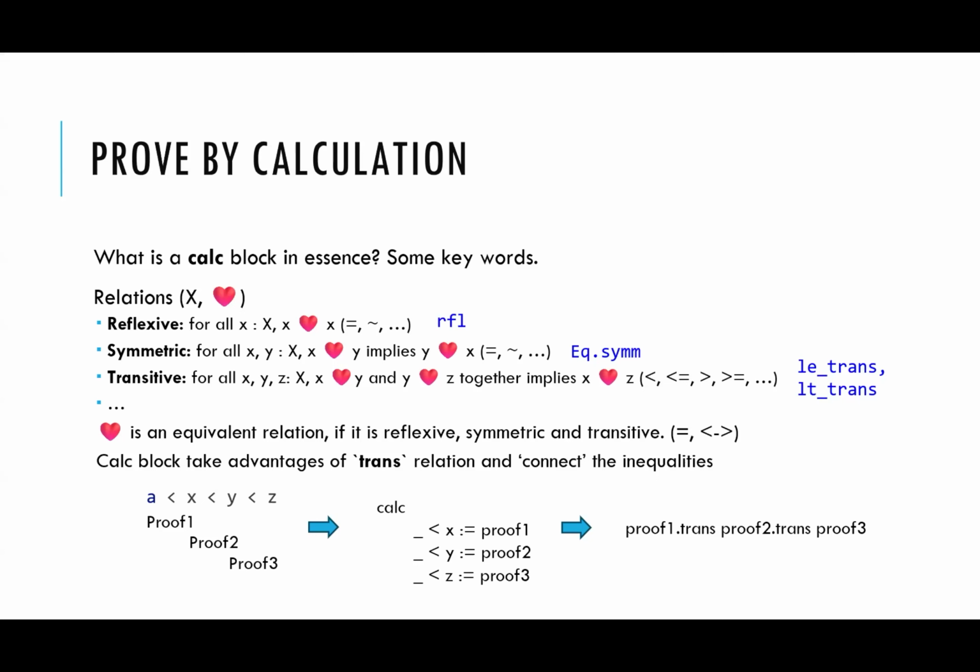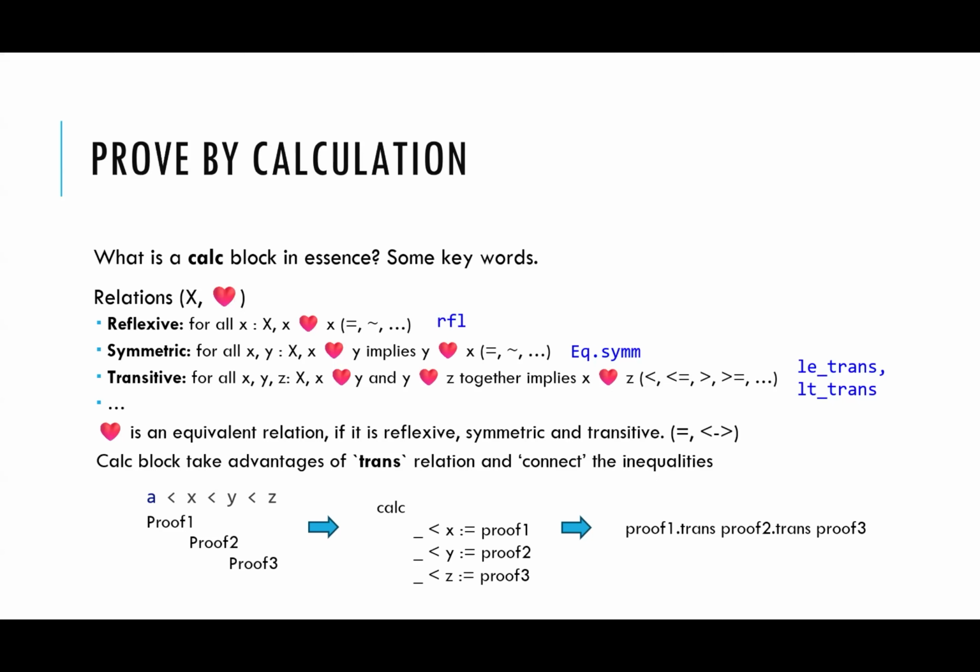You have x, y, z and omega maybe, and x and omega have the relation. You have a chain of inequalities. It's a typical use when you want to prove an inequality. Of course, equality has this property as well: A equals B, B equals C, and you have A equals C.